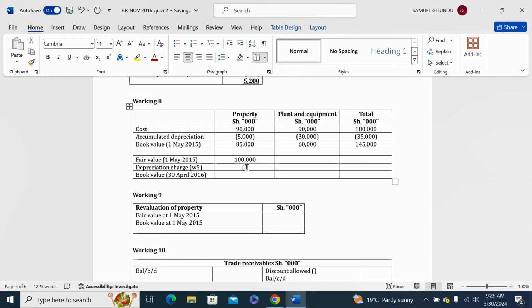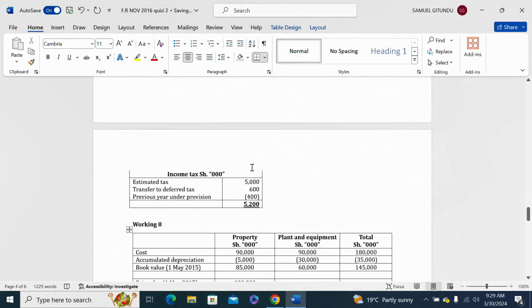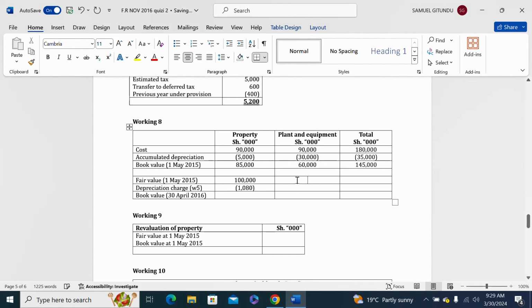Then the depreciation charge is 1 million 80, which we have calculated in our working note number 5. The fair value of the plant and equipment is 60 million. The depreciation charge is 22 million 500,000.